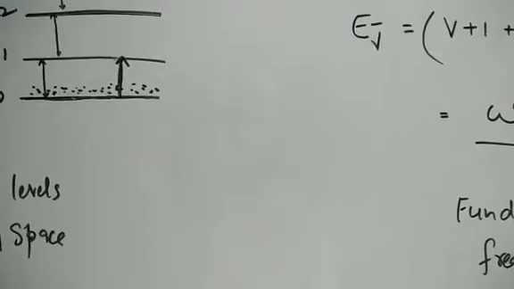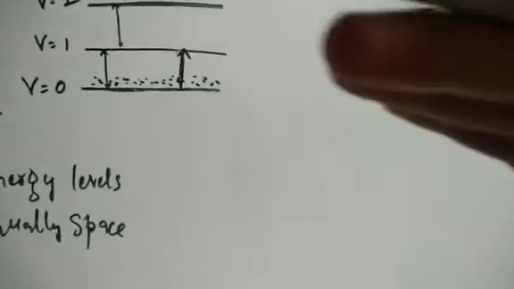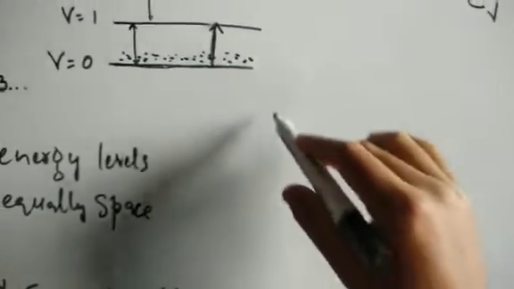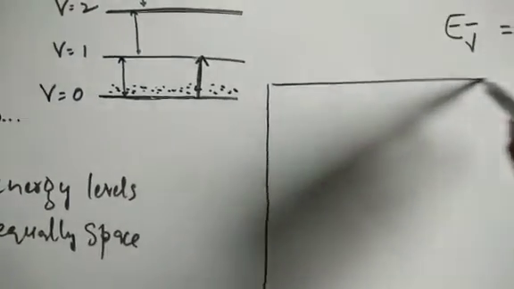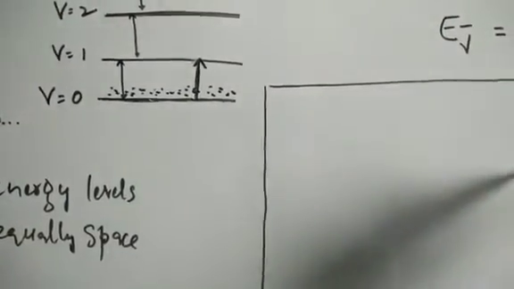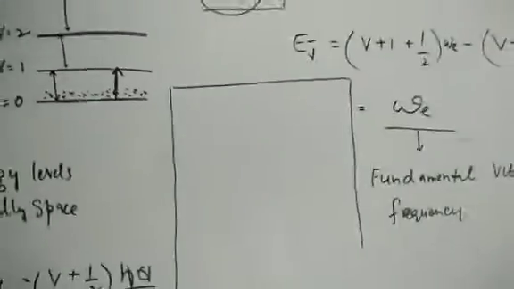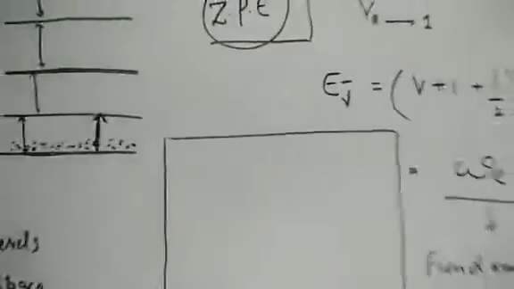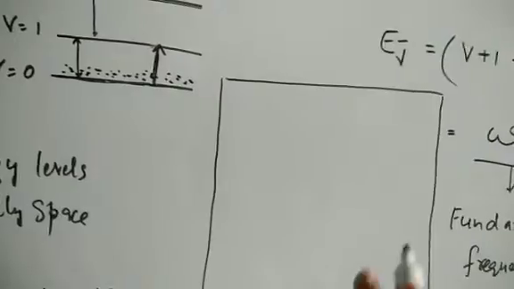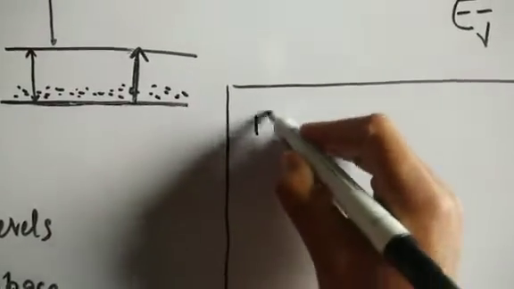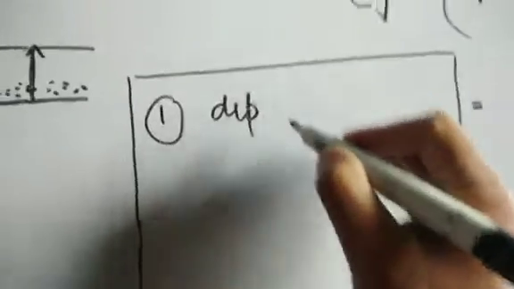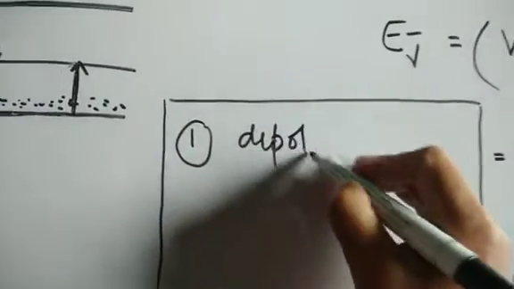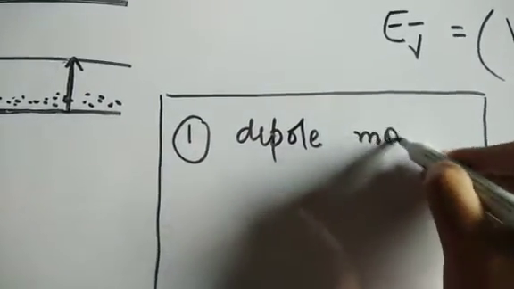Now the last point that remains for us is, like we saw in rotational spectroscopy, do all molecules be active in the rotational spectroscopy? There we made a rule that there should be a permanent dipole moment in the gaseous state. Same is the case here, which molecule will be active in the IR spectroscopy. Number one, the molecule should possess a dipole moment.